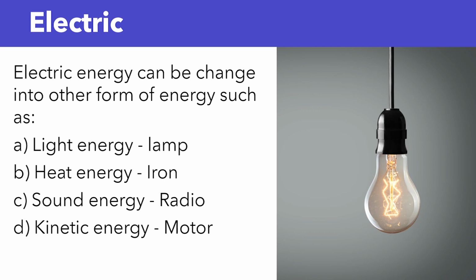Electric energy can be changed into other forms of energy such as light energy, for example lamp, heat energy, for example iron, sound energy, for example radio, and the last one, kinetic energy, for example motor. There are a lot more other forms of energy that are around us.